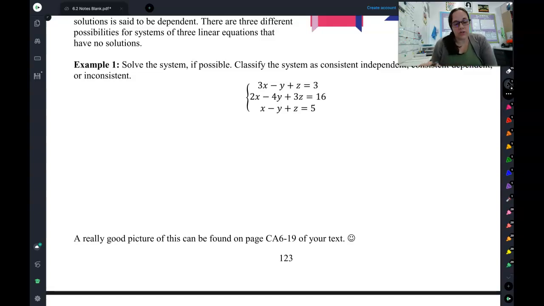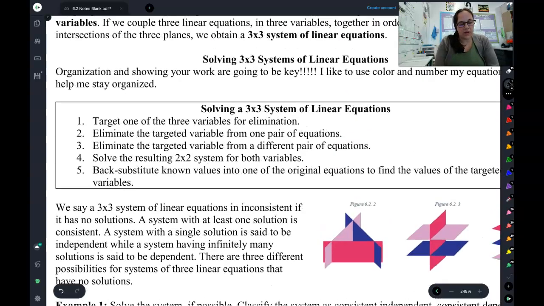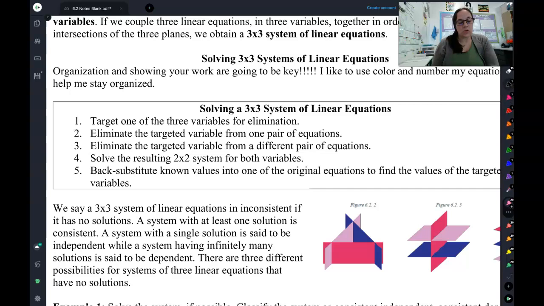So here's what we're going to do to solve these 3 by 3s. We're going to start by forcing it to be a 2 by 2. And that outlines this process right here in this box. So we're going to pick one of the variables, x, y, or z. It really doesn't matter which one. And we want to eliminate that variable from one pair of equations and eliminate that variable from a different pair of equations in order to force us to get a 2 by 2 system.